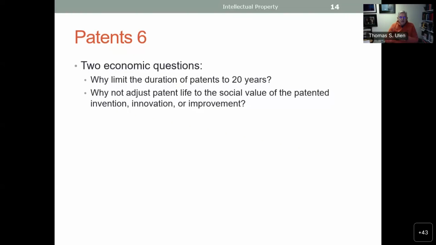That's one reason that pharmaceuticals are so expensive.